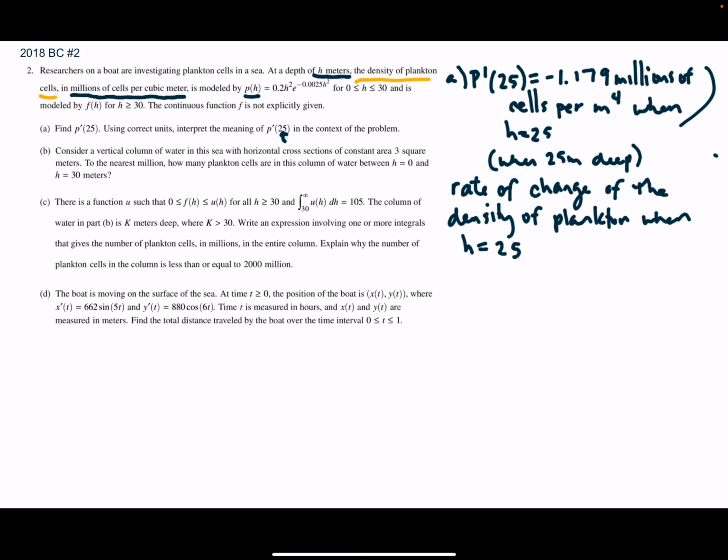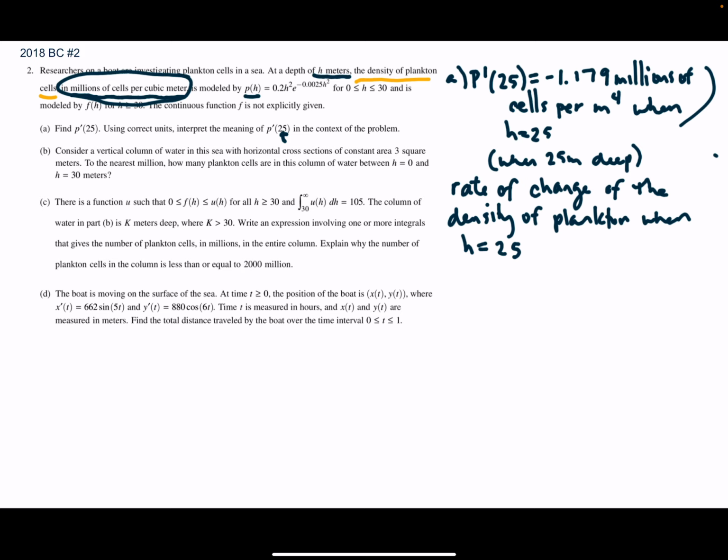All right, part B says to consider a vertical column of water in the sea with horizontal cross sections of constant area 3 square meters. To the nearest million, how many plankton cells are in this column of water between H equals 0 and H equals 30 meters? All right, so the fact that P of H is in millions of cells per cubic meter, anytime you have a per involved, that is a rate of change.